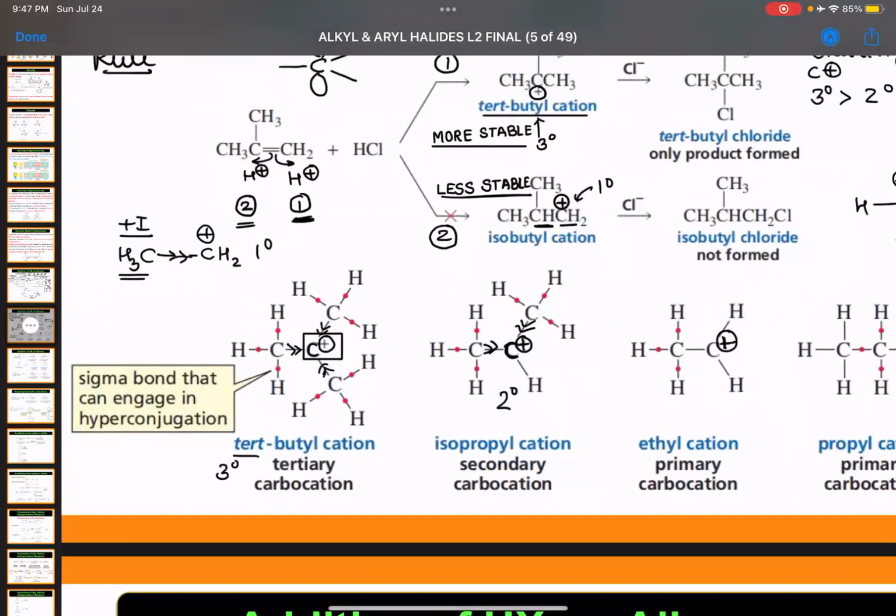You can see the sigma bonds that can engage in hyperconjugation. How many C-H bonds are there in the tertiary carbocation? You have 9 C-H bonds, 9 alpha hydrogens. Is it clear? 9 alpha hydrogens.